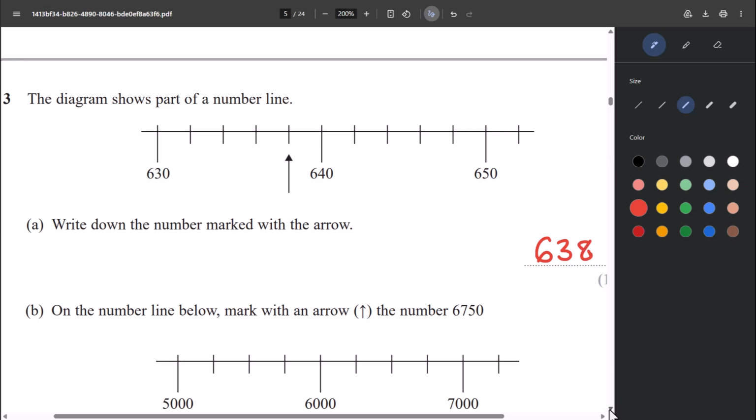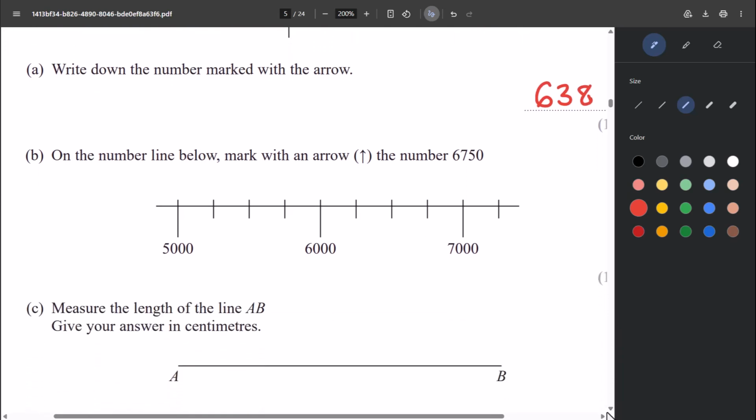Okay, all right. So next, we've got this question here. On the number line, mark with an arrow the number 6,750. Okay, wow, 5,000 on the left and 7,000 on the right. So 6,750 would definitely be a number between 6,000 and 7,000.